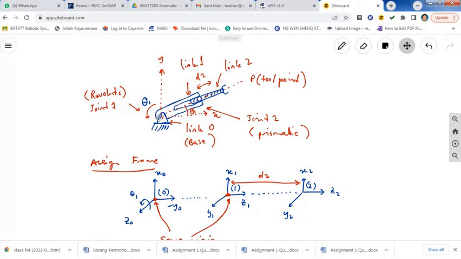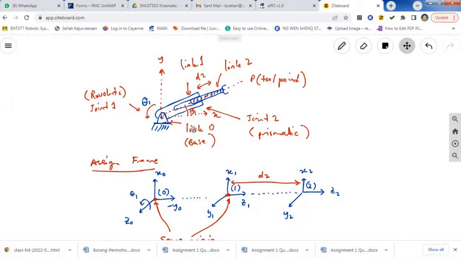The frame we call frame 0. Joint 1, frame 0. Joint 2, we call frame 1. This is your gripper. So this is joint 2, and your theta here, you rotate this.